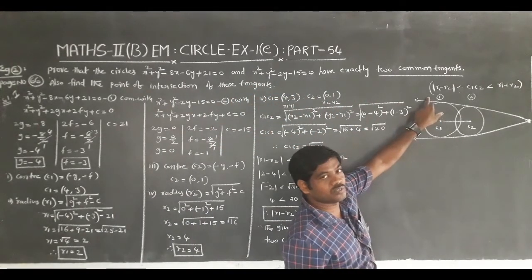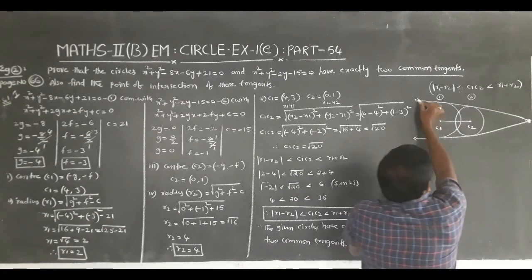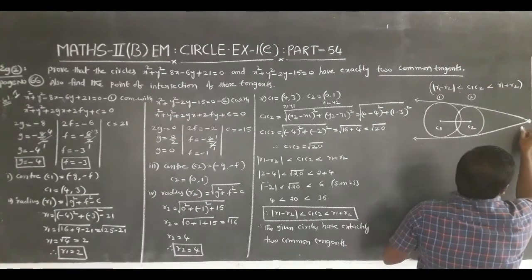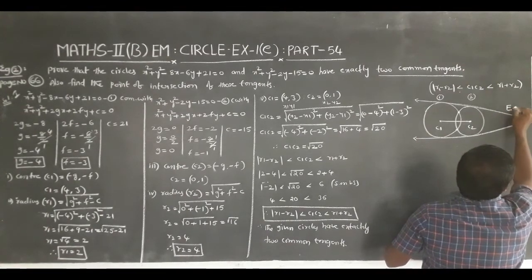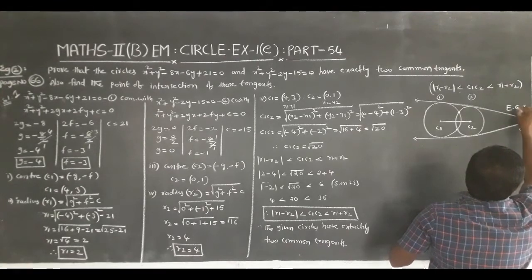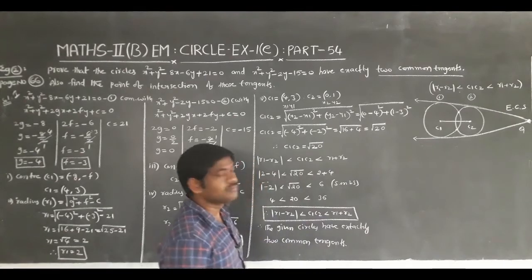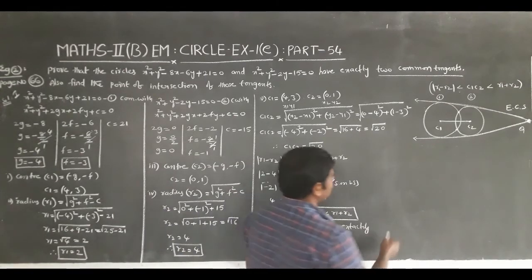This is the first tangent, this is the second tangent. The point of intersection of the tangents is called the external center of similitude.